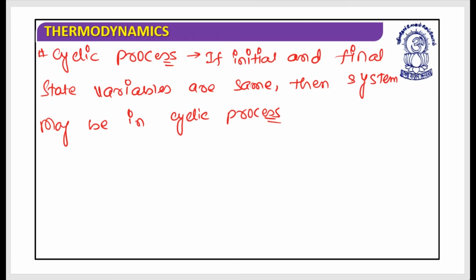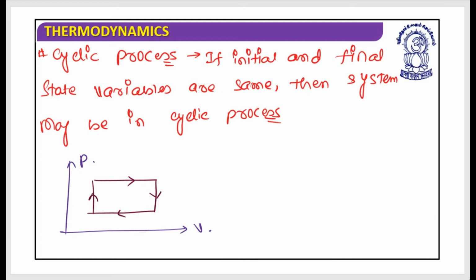As well, let's draw a graph, this is P, this is V, and let's say this is the situation. I hope this is clear. So as you can see, let's name the points A, B, C, D.